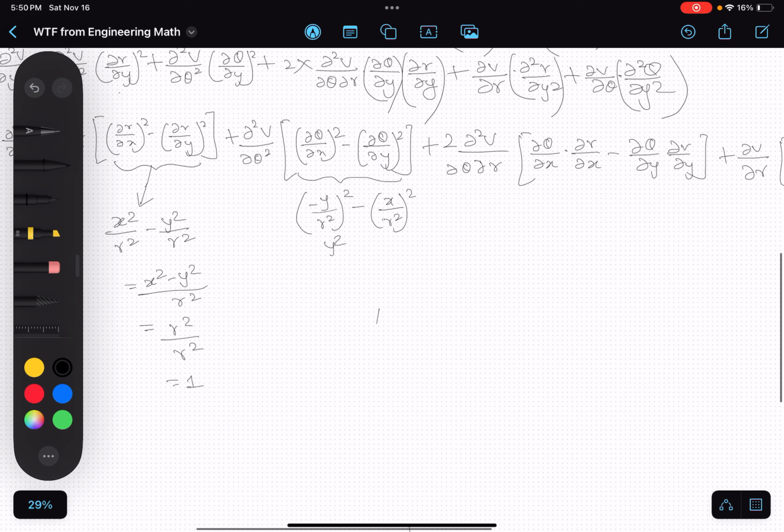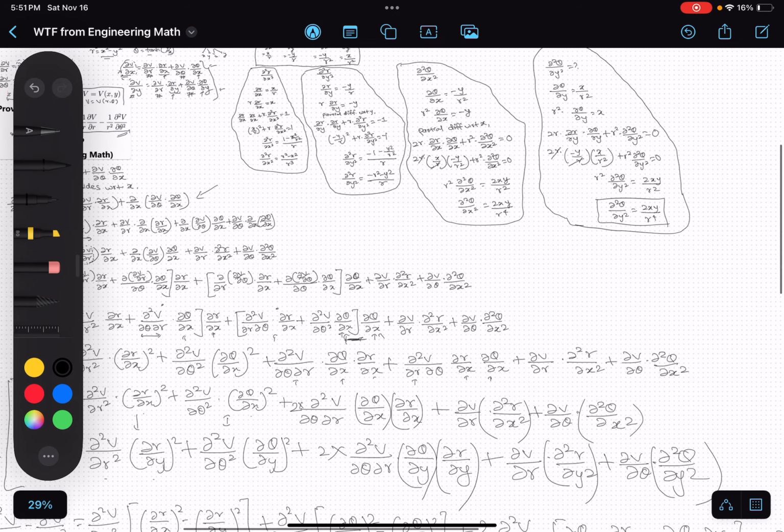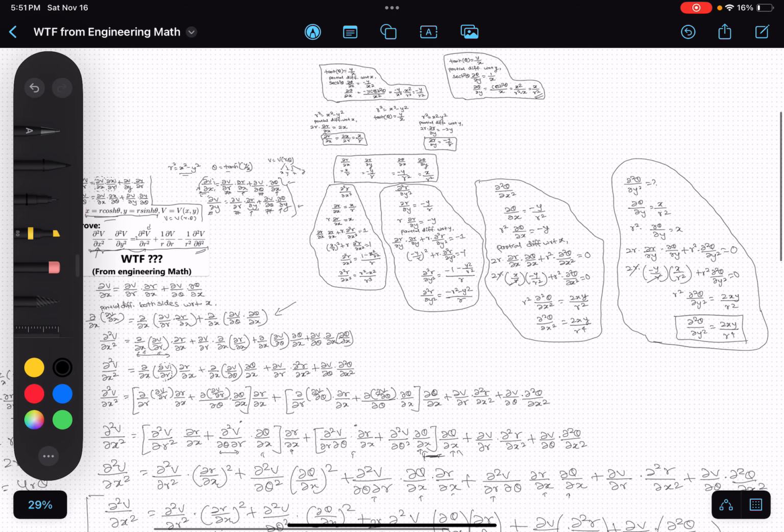So this is y square by r to the power 4 minus x square by r to the power 4, and this is y square minus x square by r to the power 4. We know that x square minus y square is r square.